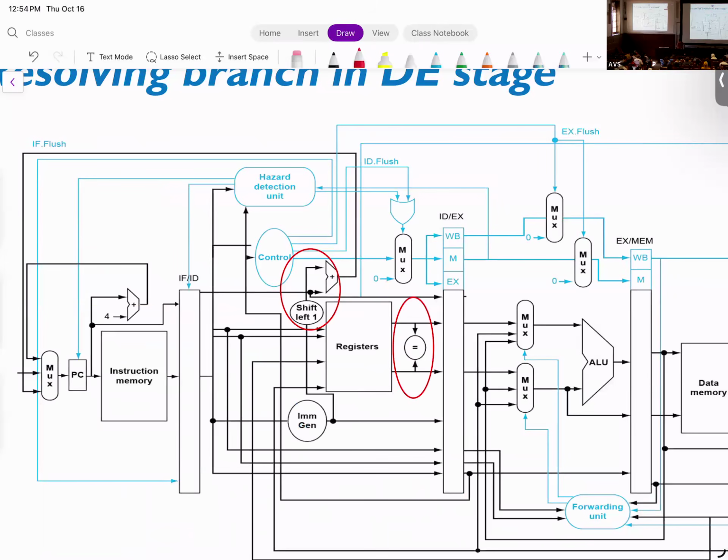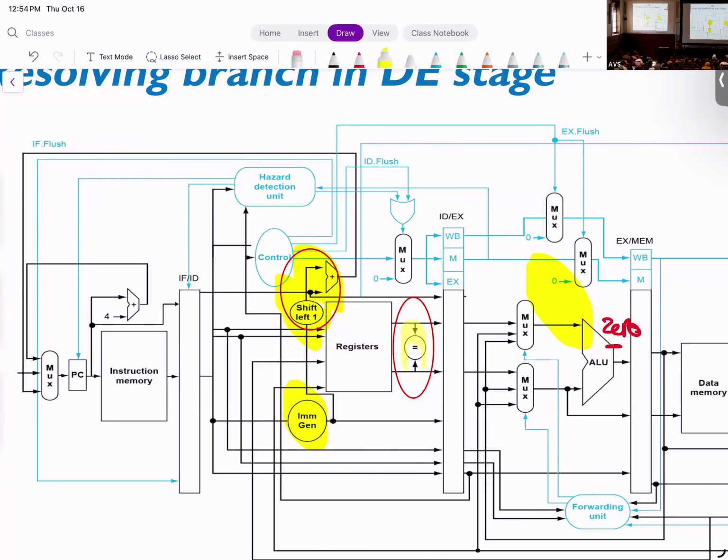So we're going to take whatever was here, it used to be here, I'm going to move it here, right? So I have my immediate generator here. I can also move the adder to here. So I have the PC plus offset during the decode stage. Now, there used to be a zero signal here, so I had my ALU.